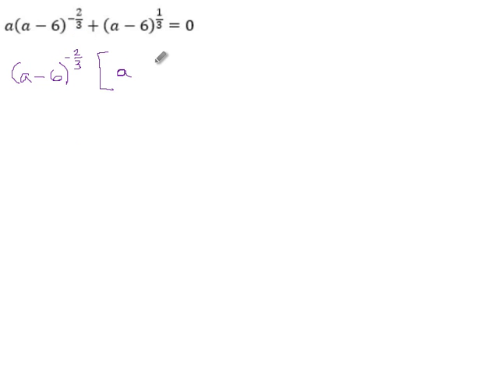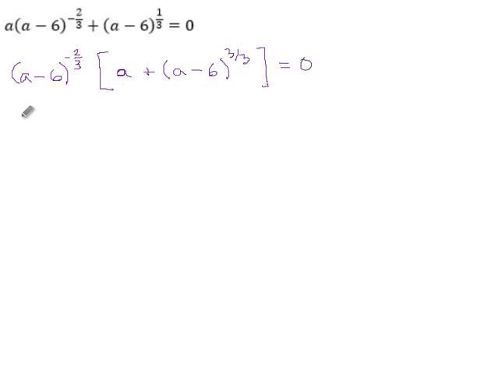In our second term, we get a minus 6 to the power of what? 1/3 minus negative 2/3 is the same as 1/3 plus 2/3, 3/3. Right. So factoring out a minus 2/3 causes the powers of both of these to rise by 2/3. This one rises to 0. This one rises to 3/3.